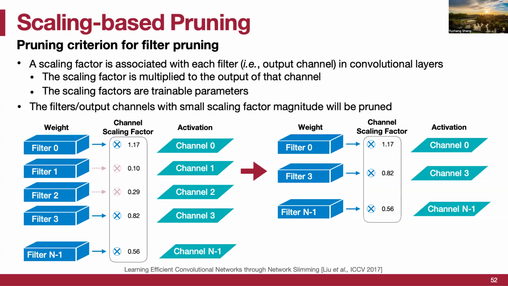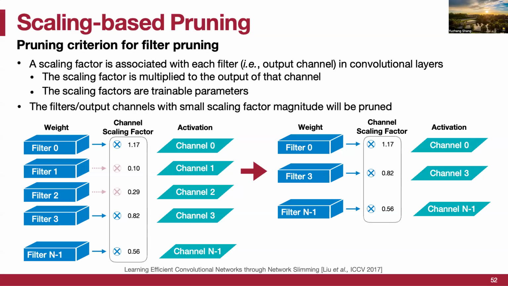Like this. After training the whole neural network with this channel scaling factor, if the corresponding scaling factor is small enough, like those two, we can prune those two channels out, right?